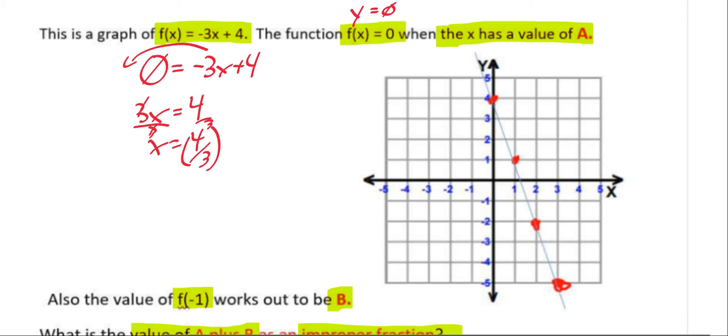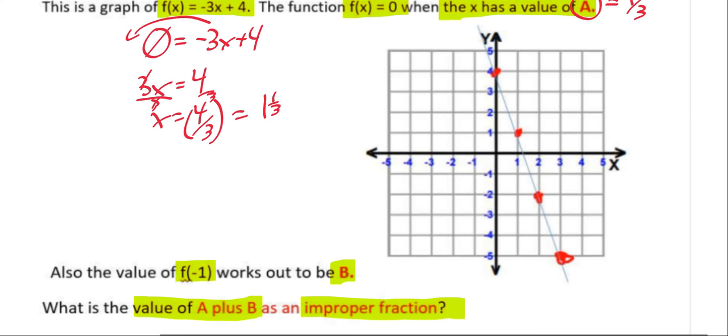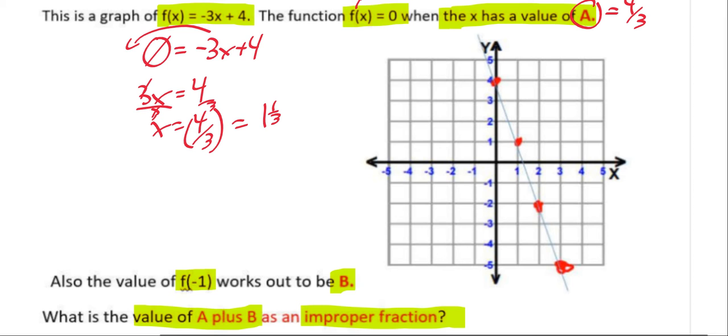When x is 4/3, which is a little bit over 1, right? That's 1 1/3. A little bit over 1. That looks like we're about right. So a is equal to 4/3. It says also the value of f of negative 1 works out to be b. So f of negative 1 is equal to negative 3 times negative 1 plus 4.